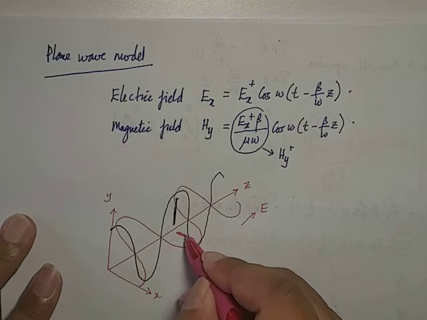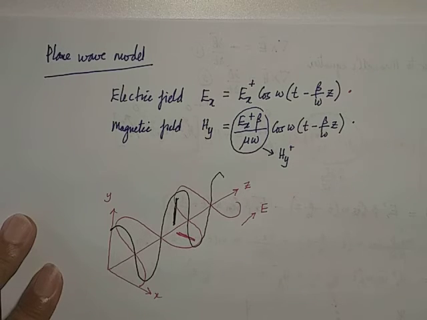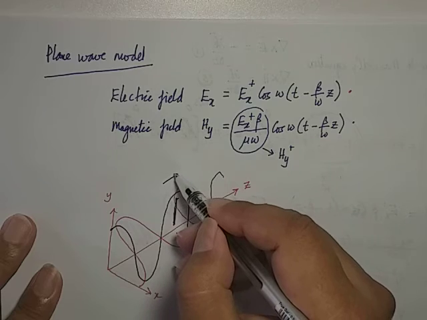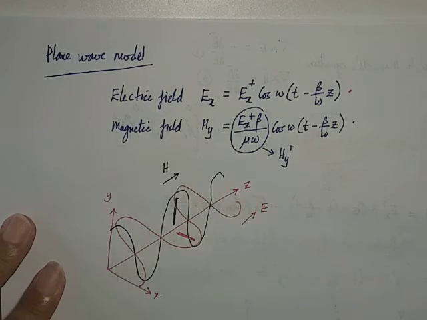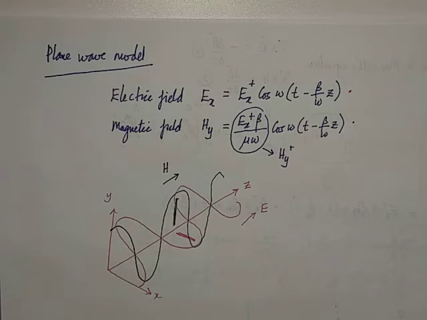So you can see now, that should be the model. The H is also propagating in this way. So this is the H field. That should be the product of our analysis. We are able to develop a simple model to represent our electromagnetic field propagating in the dielectric or free space.